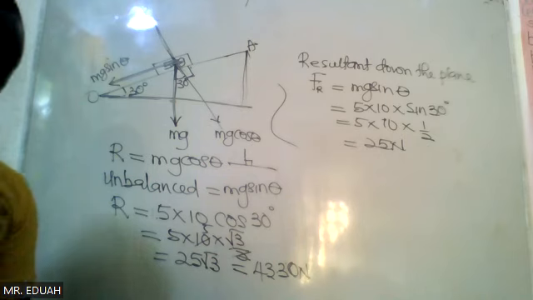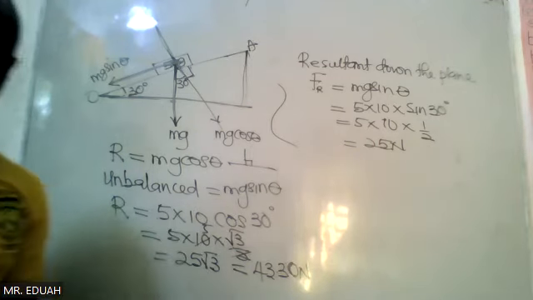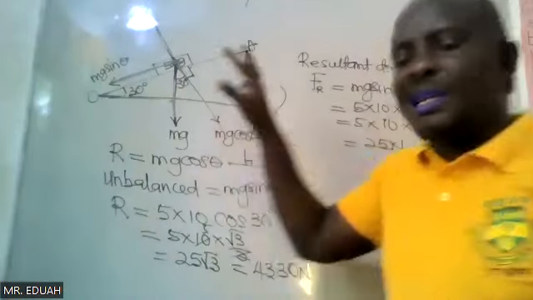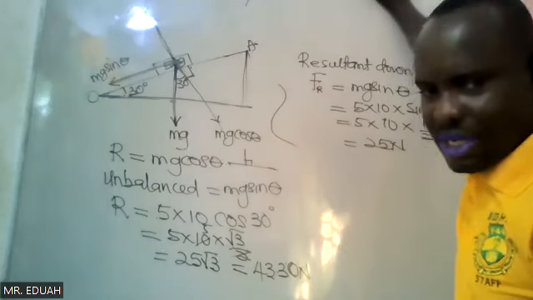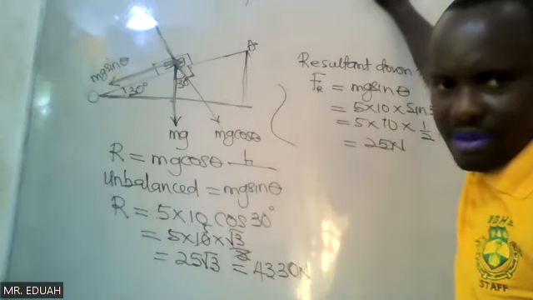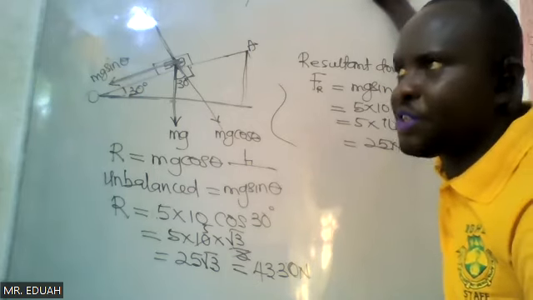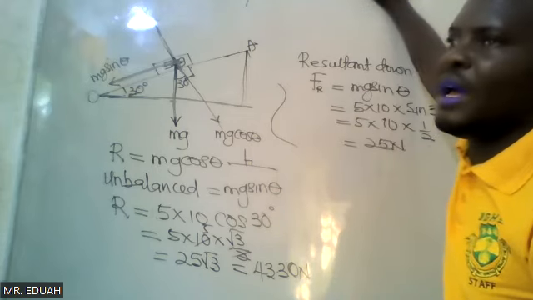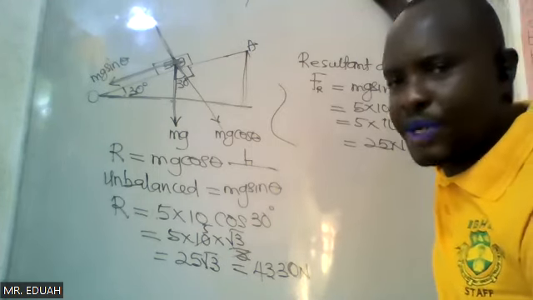Right? Then the acceleration of the body. Once there is a resultant force, then there will be acceleration. And the direction of the acceleration always follows the direction of the resultant force. So, Priscilla, what do you think will be the direction of the acceleration?